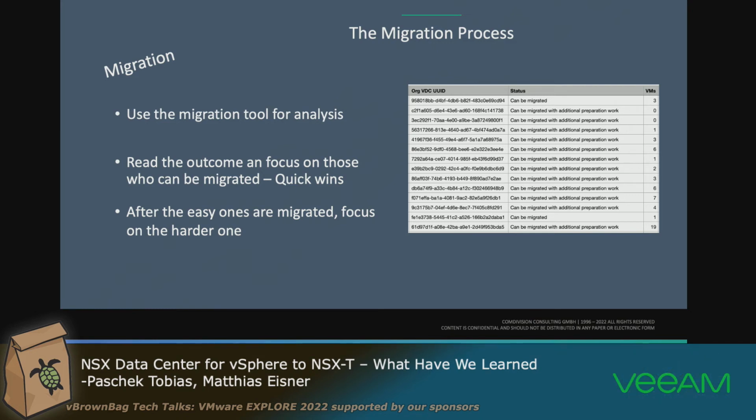I haven't found an Excel saying cannot be migrated, but that is also an option. You see the amount of virtual machines which are affected or in use in the VDC. This is what we get from the analytics.